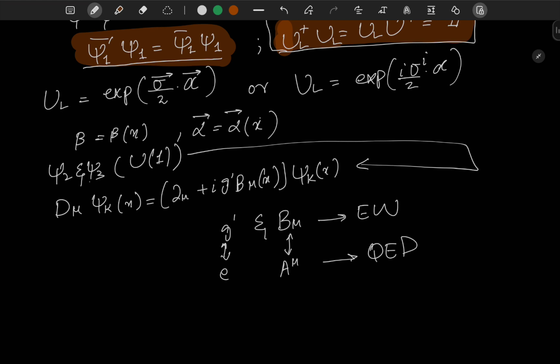So psi 2 and psi 3 will also transform in the same way as they did in the QED case. So no problem for psi 2 and psi 3.